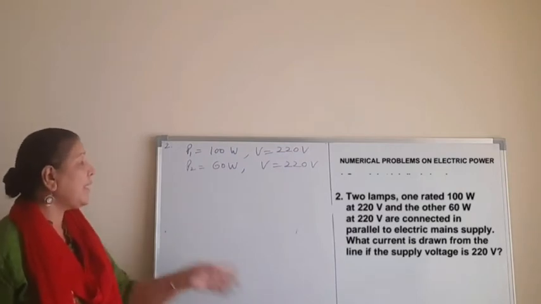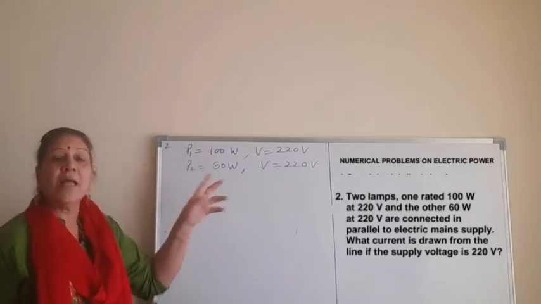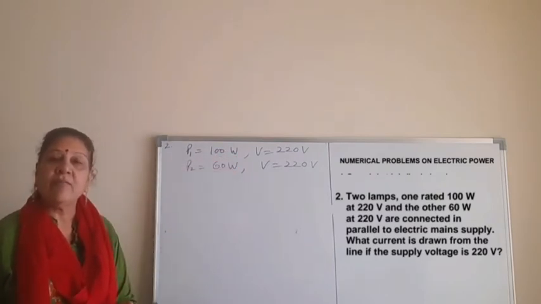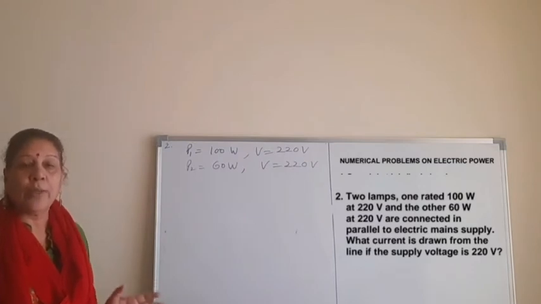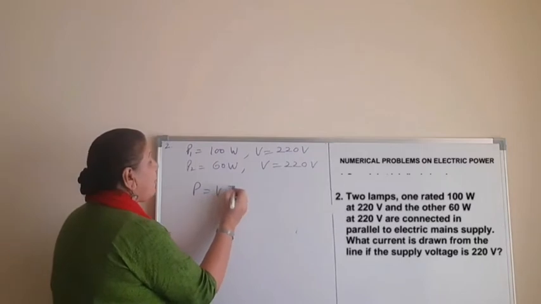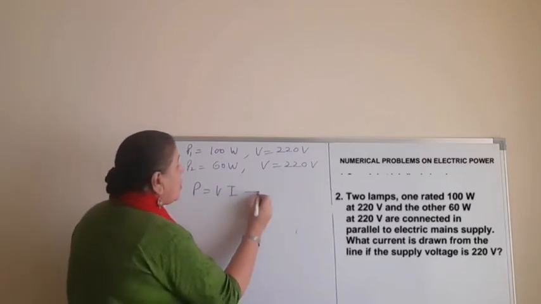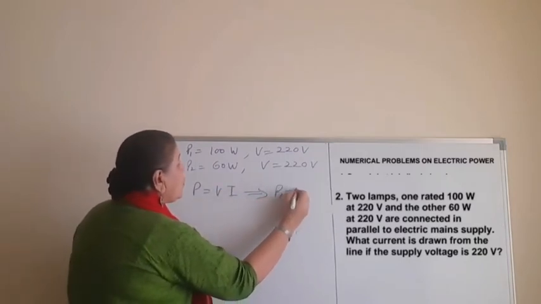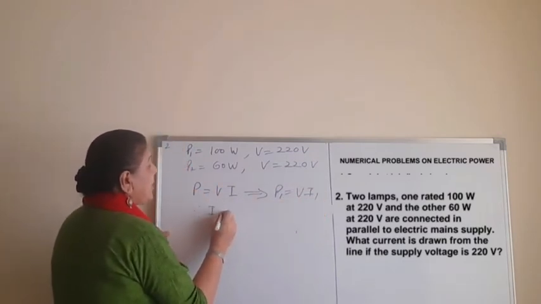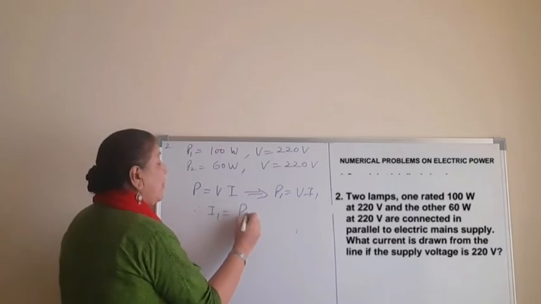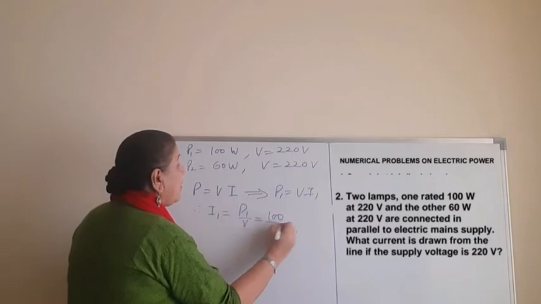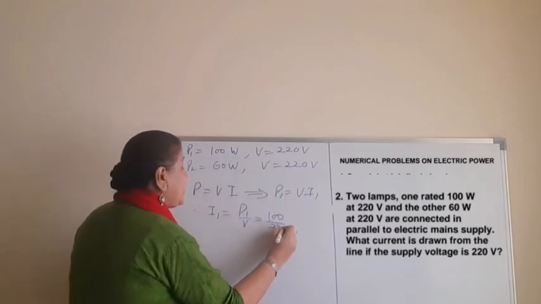So first we are going to find I for both the cases. We are going to name them I1 and I2, and the addition of I1 and I2 will give you the total current flowing in the circuit. So we know that P is equal to VI. So P1 is equal to VI1. Therefore, I1 is equal to P1 by V. P1 is 100, V is 220.